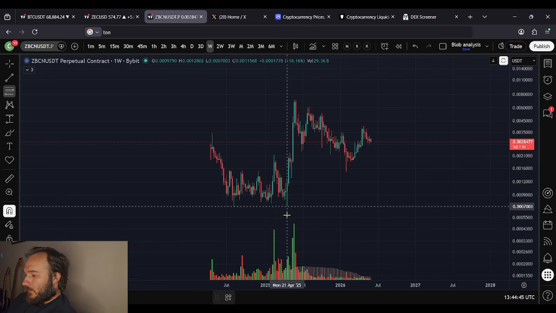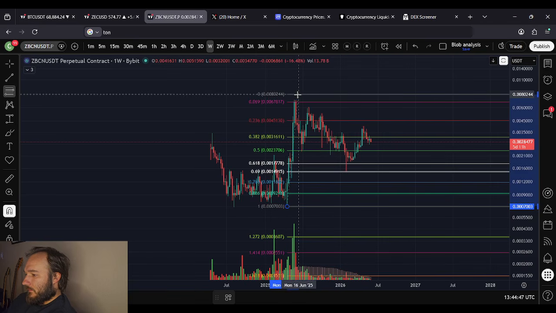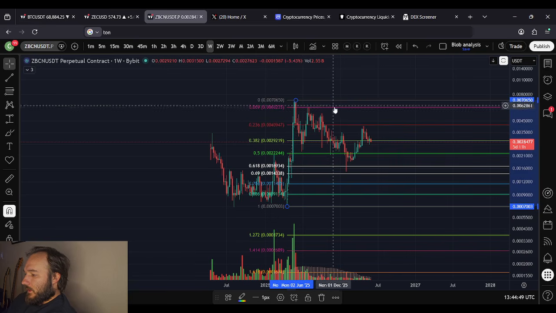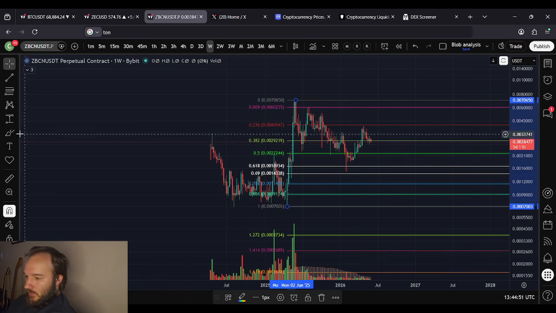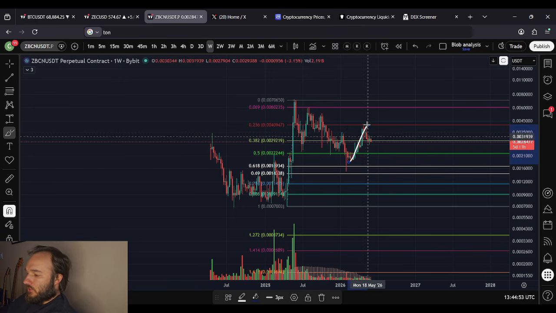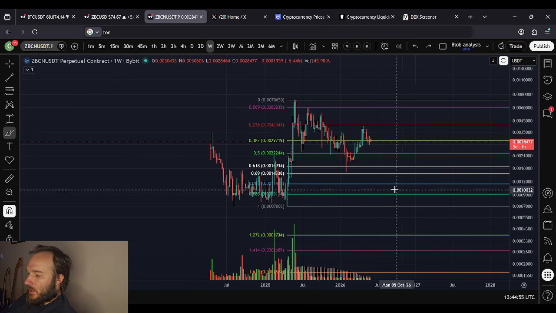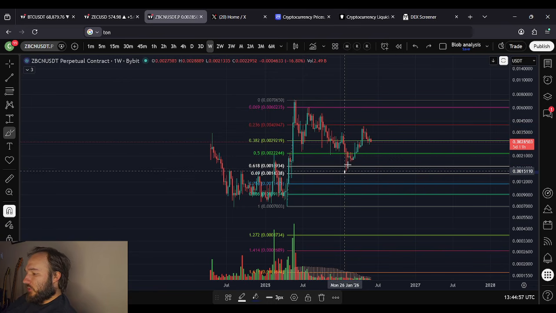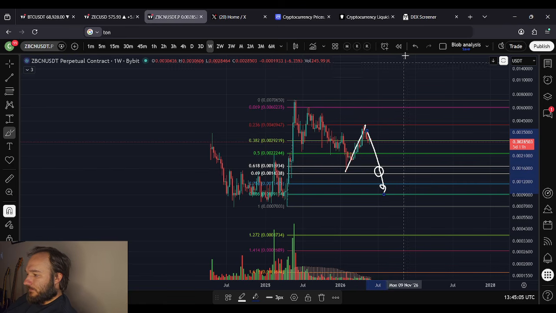You take this low, you take this high, and you went all the way up to your 236, bravo. It's quite the feat to go from your golden ratio to your 236, but you're going to come back down. When you hit the golden ratio once, you expect to bounce, typically in this area, but you went a little bit higher. When you come down the second time, this is typically the time that you break through.